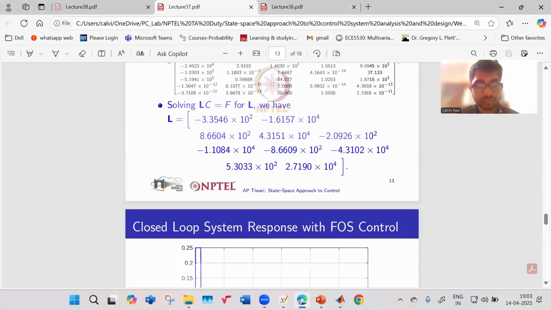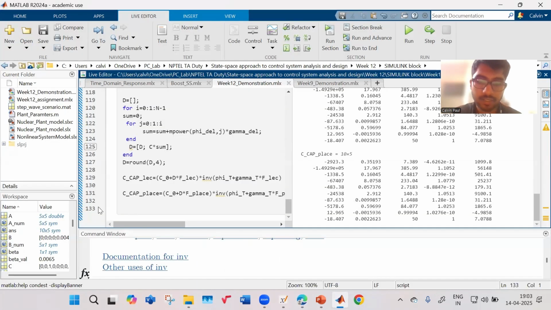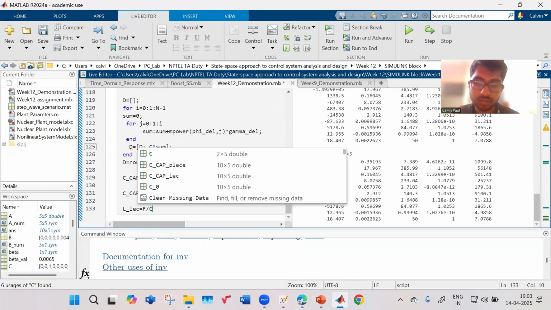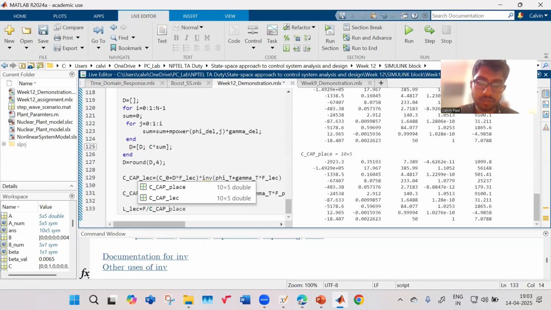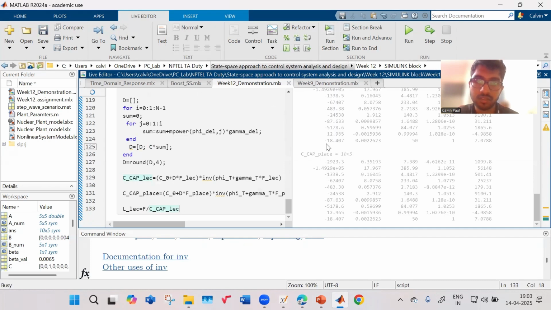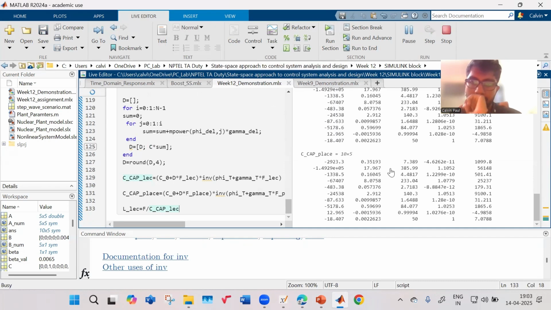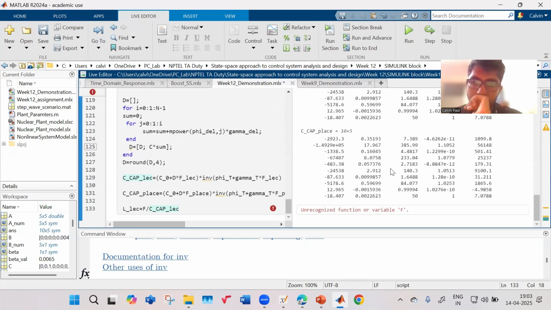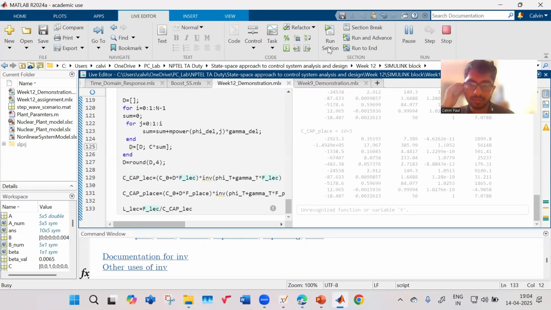So L lecture is equal to F upon C underscore cap underscore lecture. Let us check whether it runs. Okay, this is F underscore lecture. We'll run it.